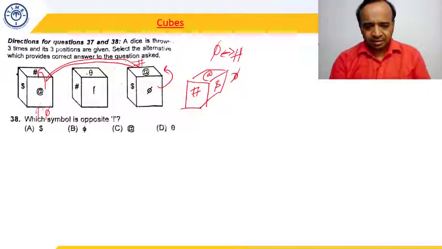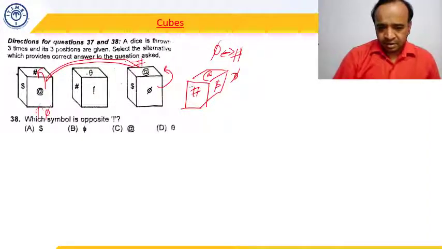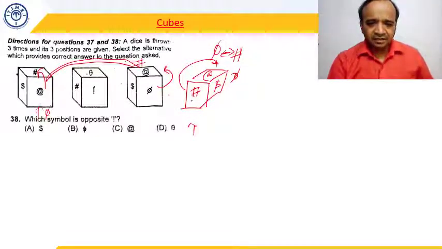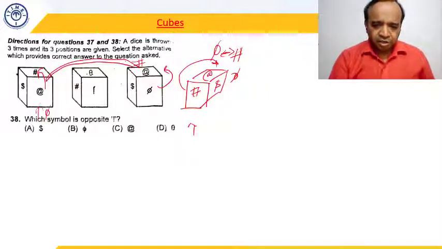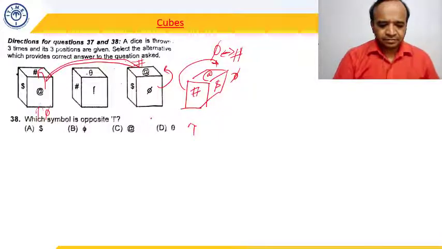If I take the opposite of this one and flip it, if I see from this side, I'll have theta just opposite at the rate. We have hash opposite phi.